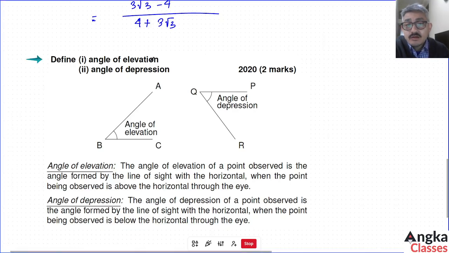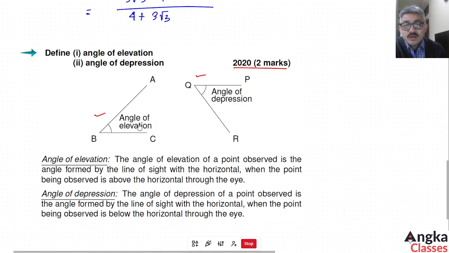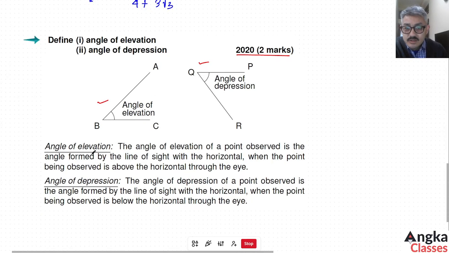Define angle of elevation and angle of depression. This was a 2 marks question in 2020. Okay, so in the diagram, A, B, C show the angle of elevation and P, Q, R show the angle of depression.